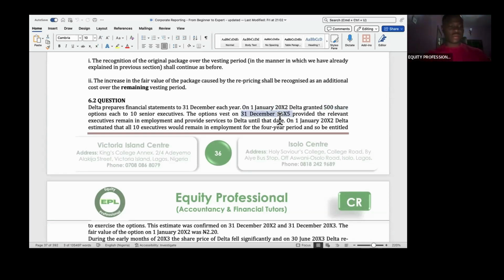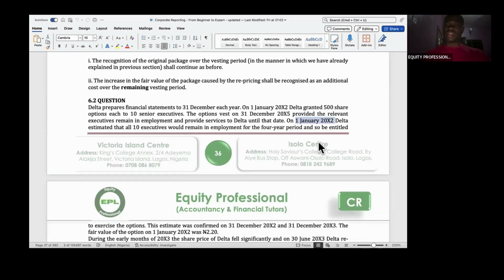That's 4 years, provided the relevant executives remain in employment and provide services to Delta until that date, of course. We're now told that on 4 January 2002, Delta estimated that all 10 executives will remain in employment for 4 years. So they are making estimates of vesting at the beginning of the year.